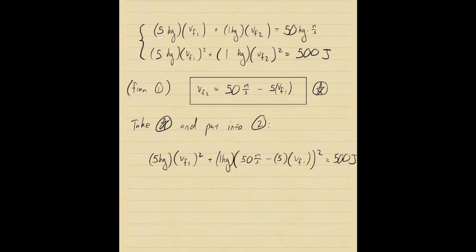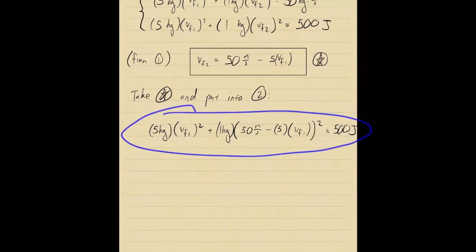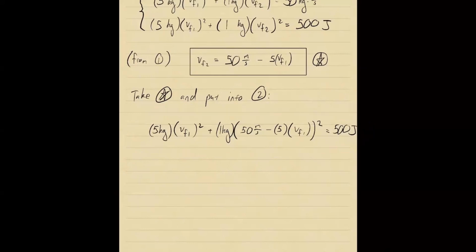Right. Now notice that on this left-hand side, we're only working with the final velocity for our first ball. So if I expand out the left-hand side, I can eventually find a quadratic equation form for this equation.